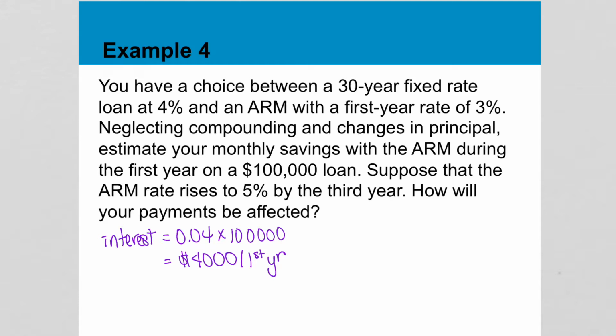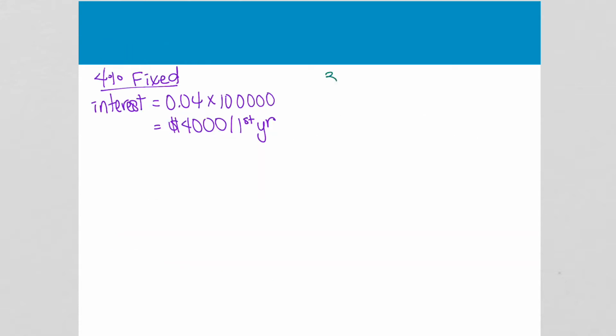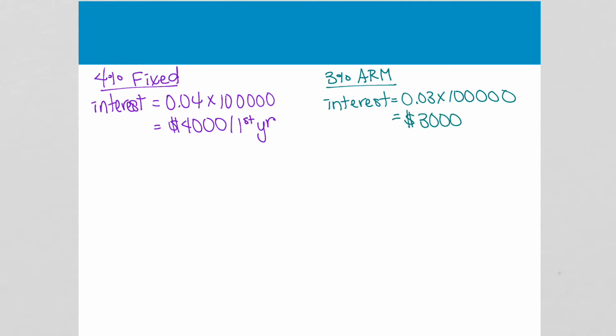On the 3%, your interest would be 3% of $100,000 or $3,000 for the first year.